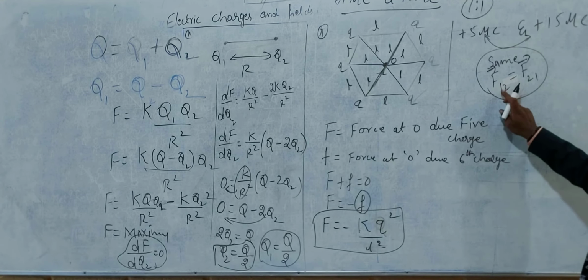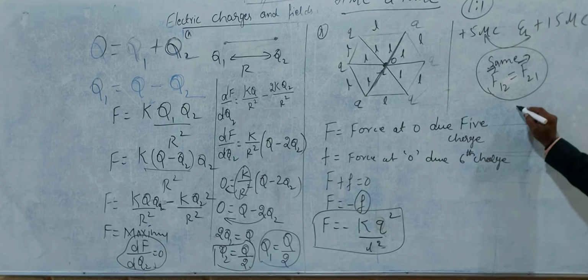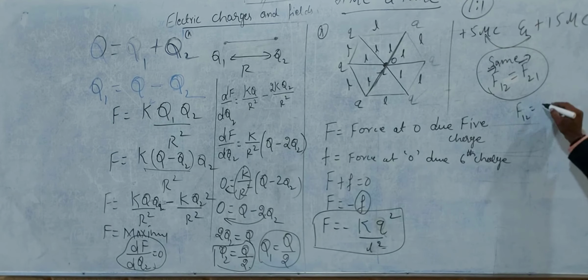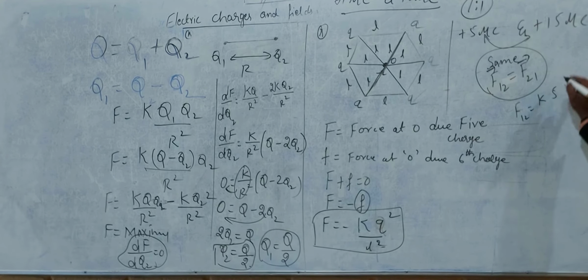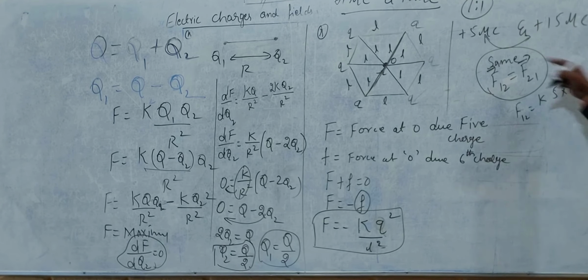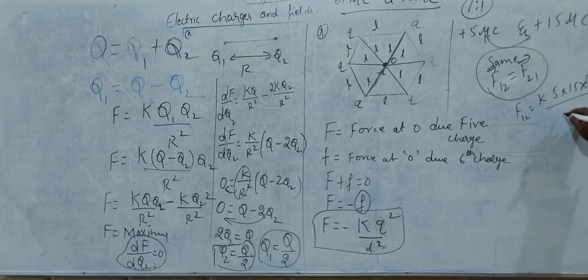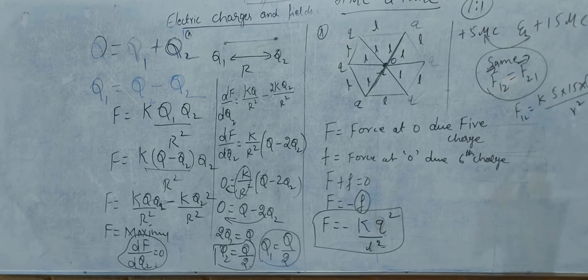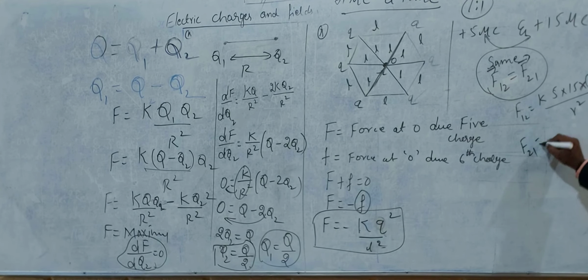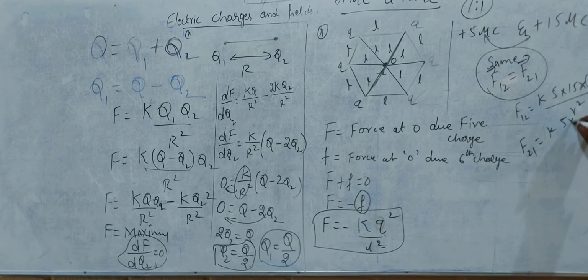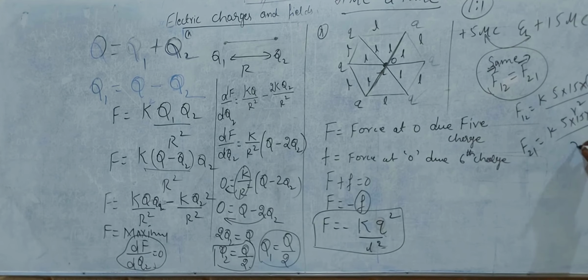Therefore, the force on the first charge due to the second charge, F12, is equal to K into 5 into 15 into microcoulomb, micro means 10 to the power of -6, whole square, divided by the separation, which we simply call R square. Similarly, F21 is equal to K into 5 into 15 into 10 to the power of -6 whole square divided by R square.